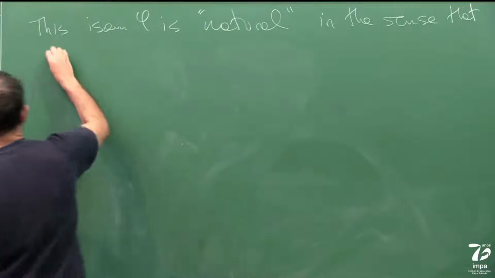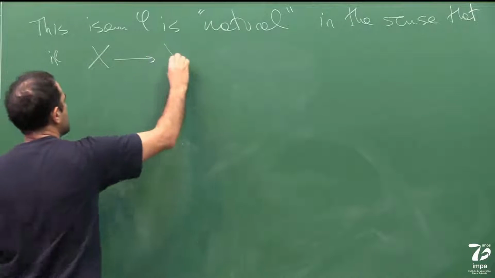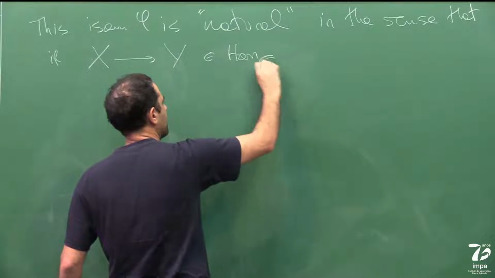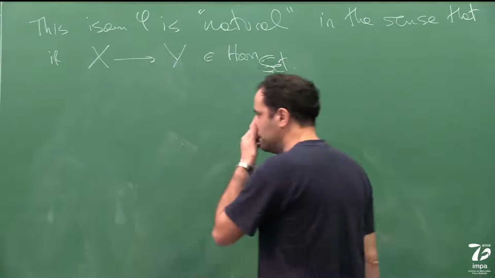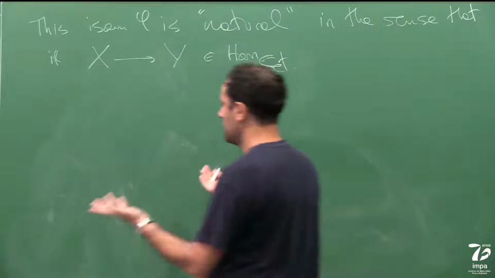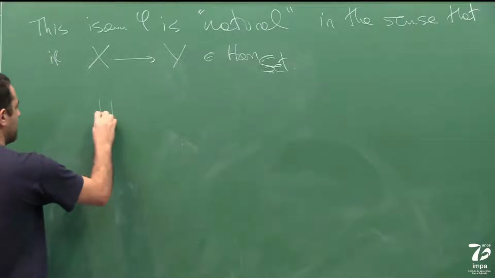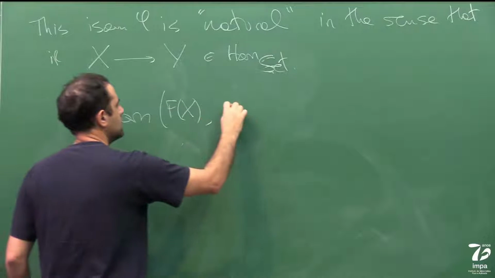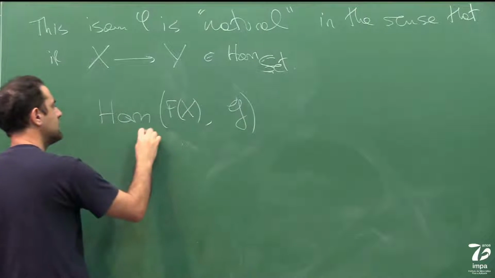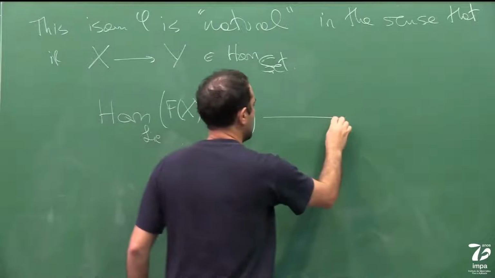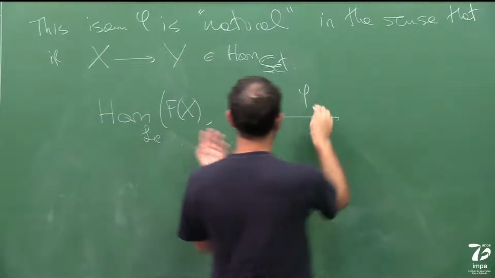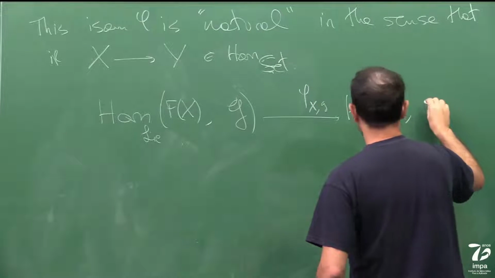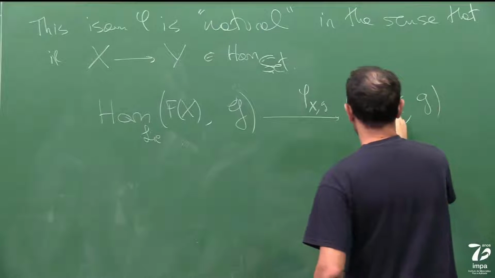Namely, if you're given a map of sets from X to Y, so this is a morphism in the category of sets, and you're given a Lie algebra G, then you do have an isomorphism from the free Lie algebra of X to G, in the category of Lie algebras. And this is the phi that corresponds to this pair, X and G, here in the category of sets.